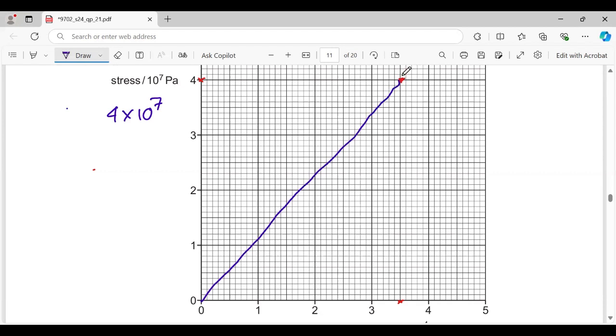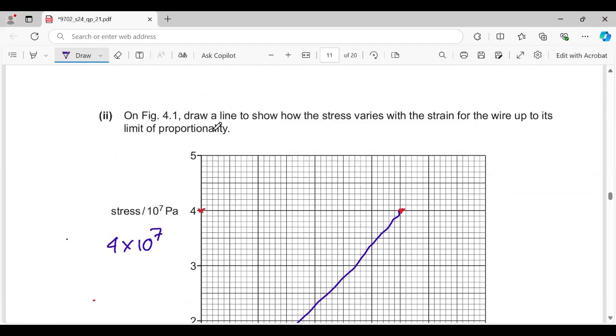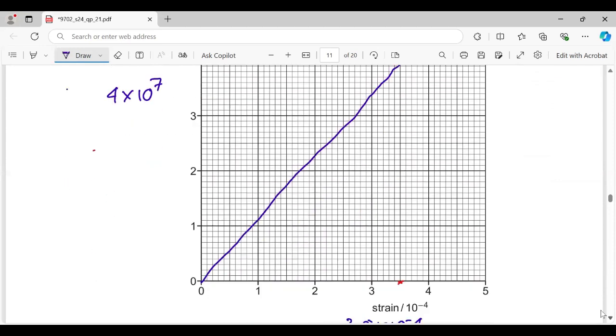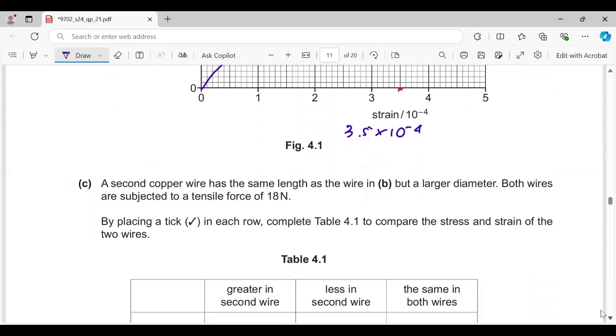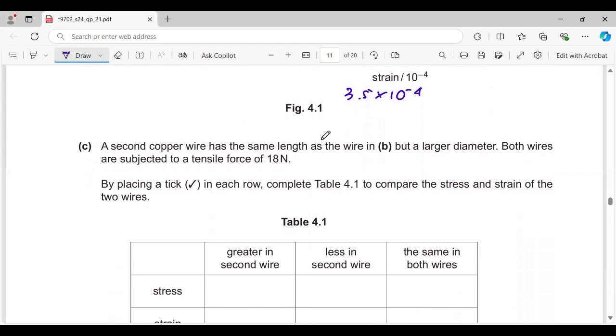Okay. That is the straight line on the graph. The stress varies. And (c), a second copper wire has the same length as the wire in B, but a larger diameter. Both wires are subjected to a tensile force of 18 newtons.